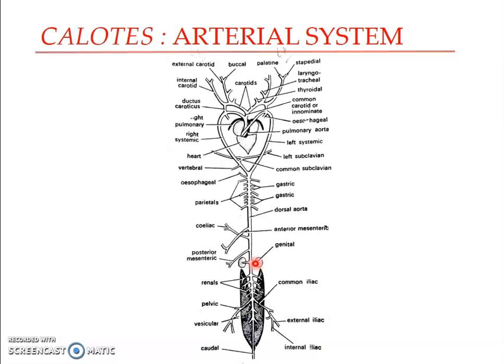Now further posteriorward, the dorsal aorta gives off a pair of genital arteries, the right and left genital artery. It supplies blood to the gonads, testes, or ovaries, as the case may be. Now, further posteriorward, the dorsal aorta gives off pairs of renal arteries. It is usually more than one pair of renal arteries that supplies the kidneys.